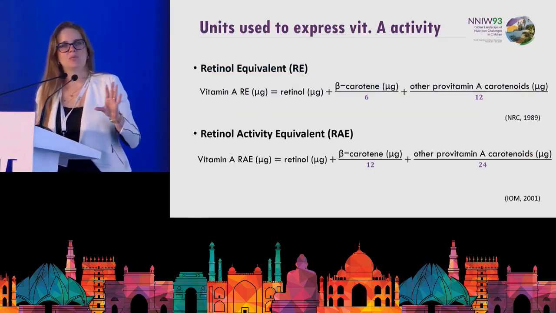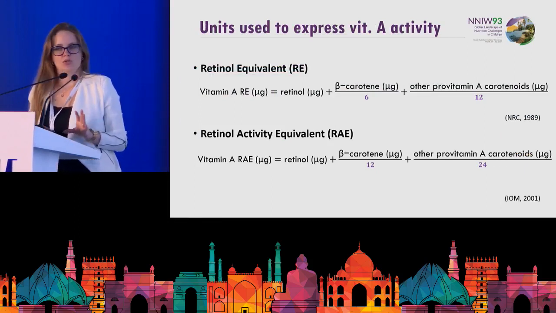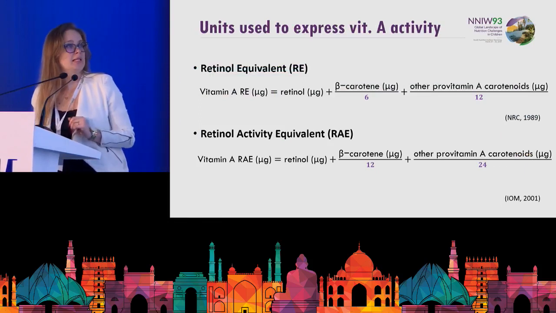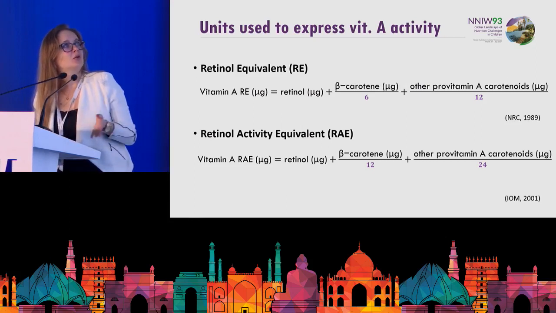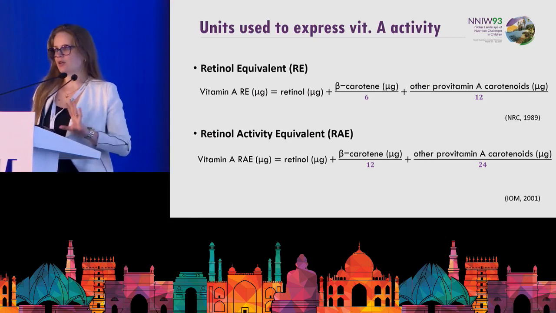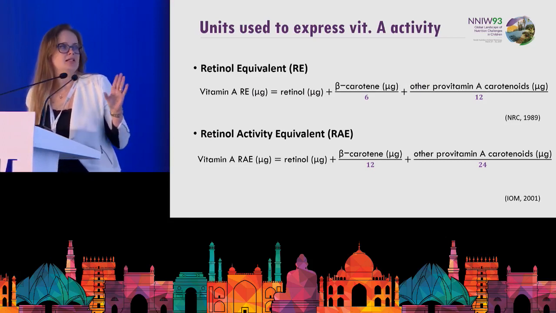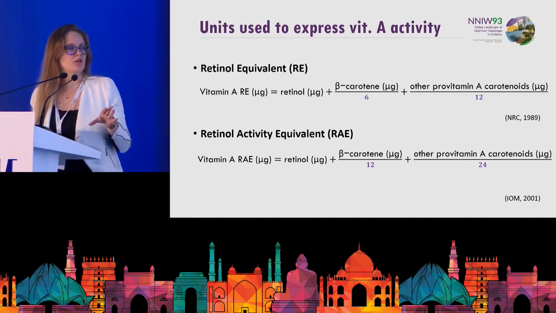So here I have the most common units used to express total vitamin A. So we have retinol equivalent and retinol activity equivalent. They are calculated based on the same components, that are retinol and carotenoids.